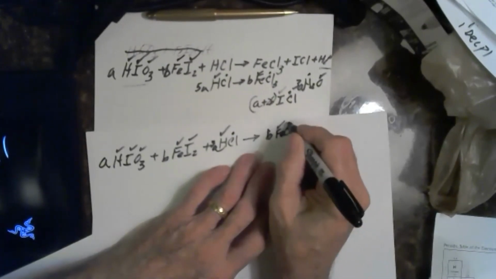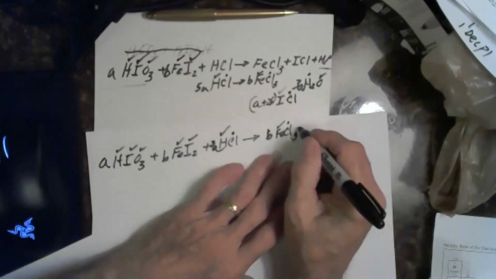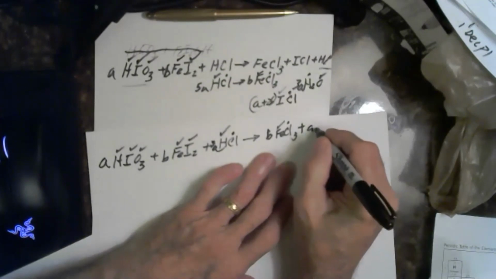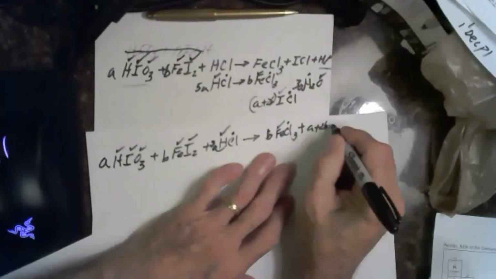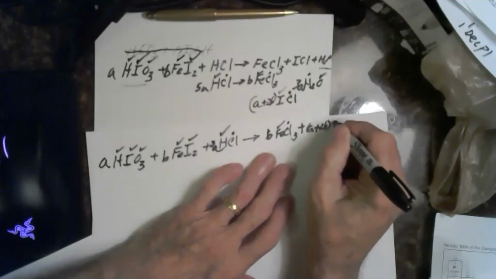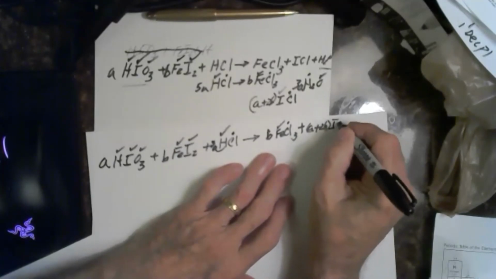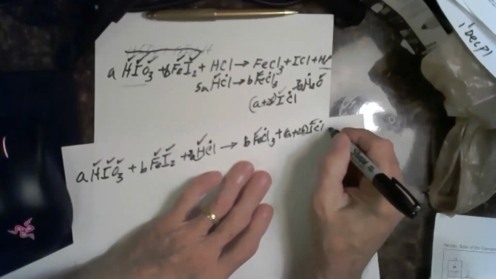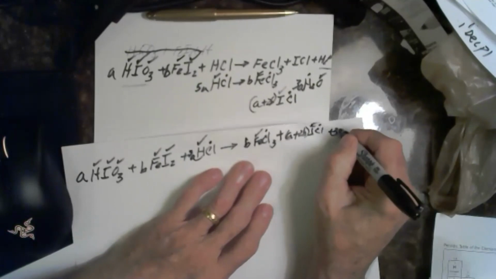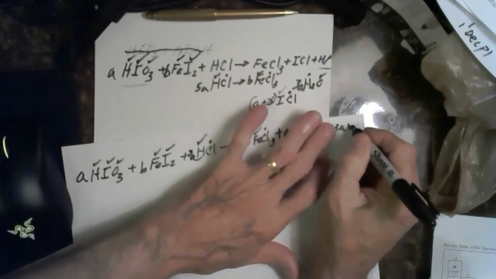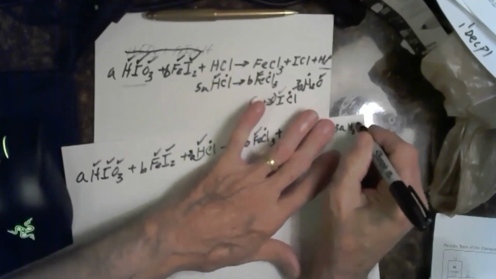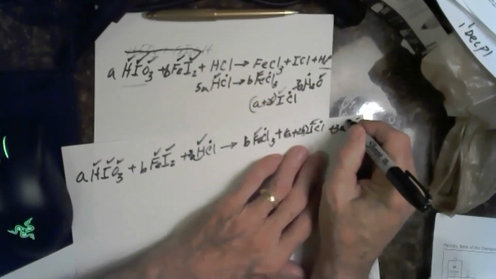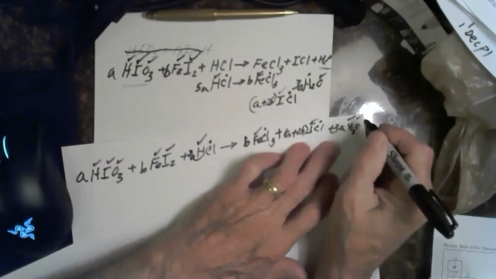I've checked the Fe and dotted the chlorine. And ICl, I've got A plus 2B. ICl, I is checked, Cl is dotted, plus 3A H2O. Oxygen is checked, and hydrogen should be checked, yes.